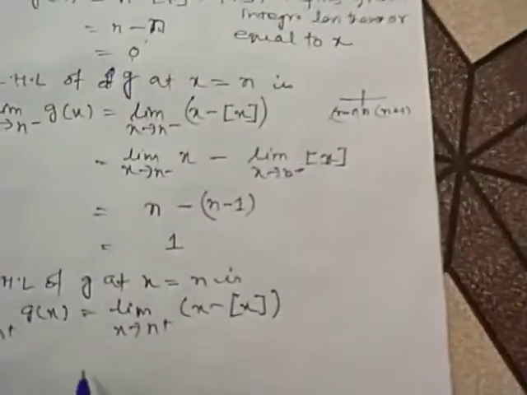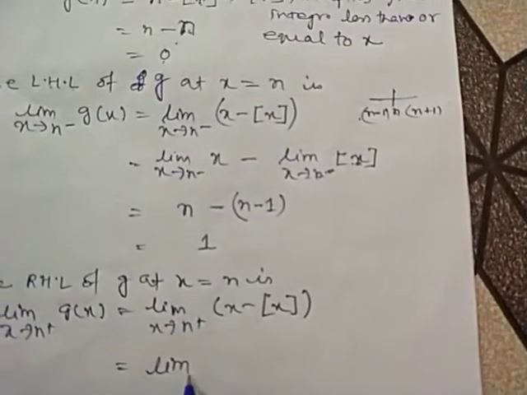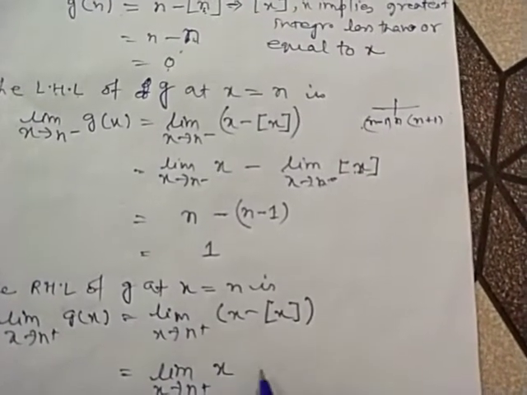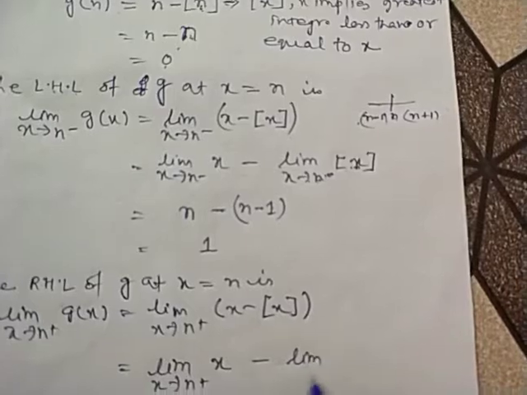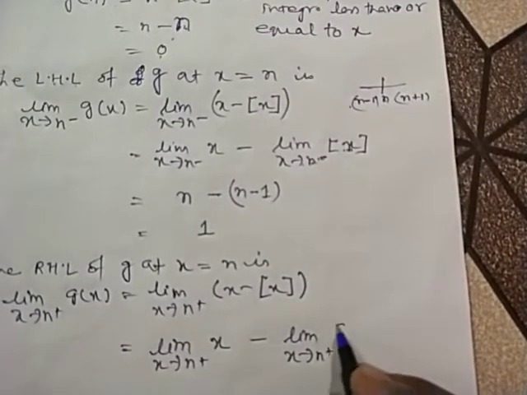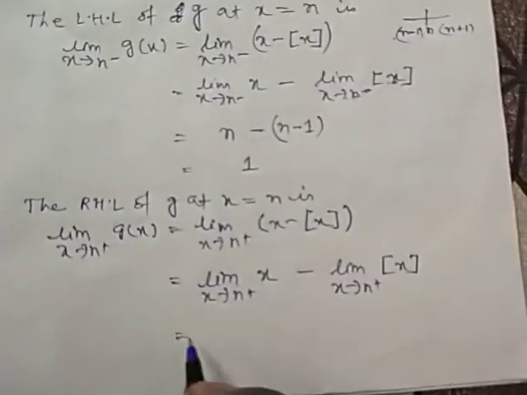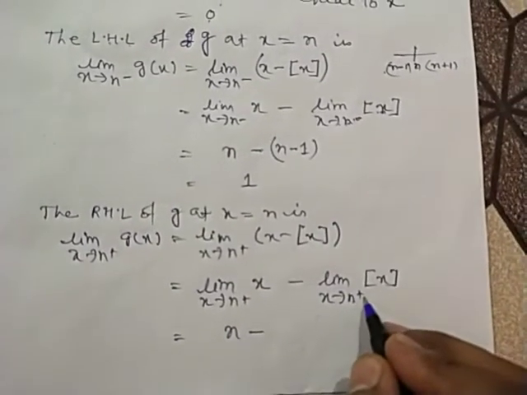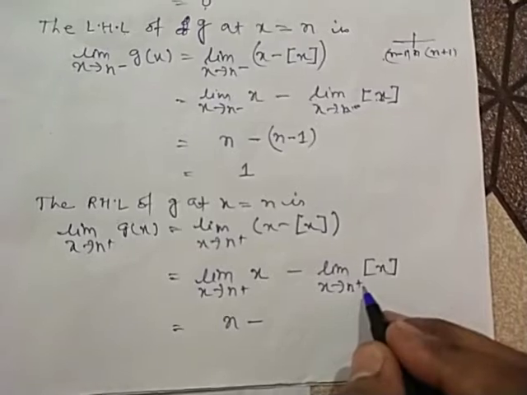You can separate these terms: x minus limit x tends to n positive greatest integral of x. So this is n only minus, see, n positive means greater one.